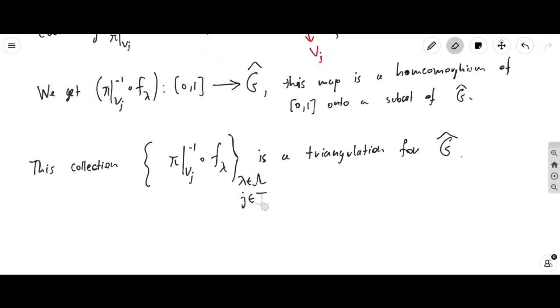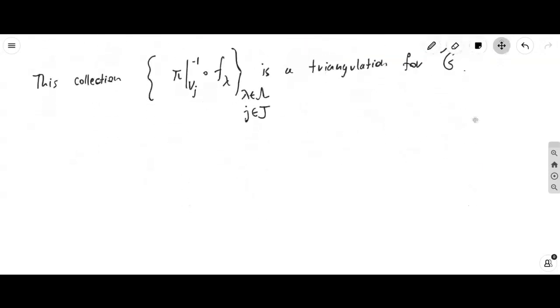But this is a finite collection because you're assuming the j is the indexing set for the number of sheets. So that would be a triangulation for the covering space. You just have to check that they fit together in a nice way.